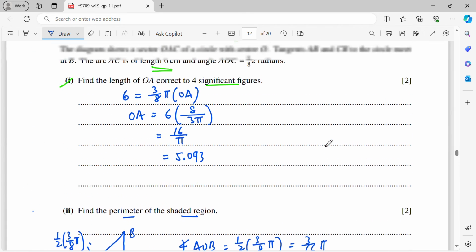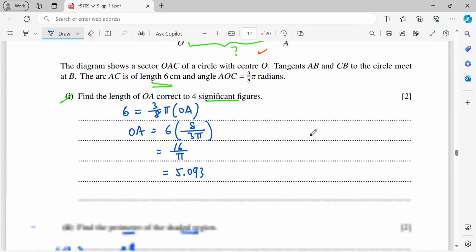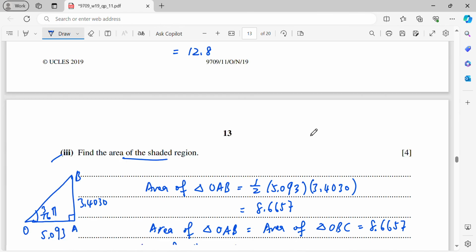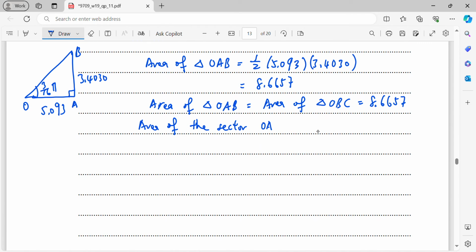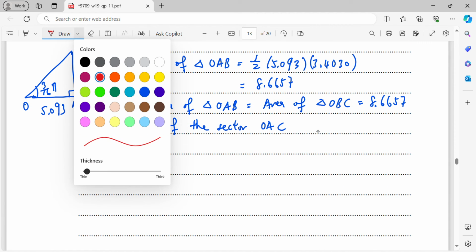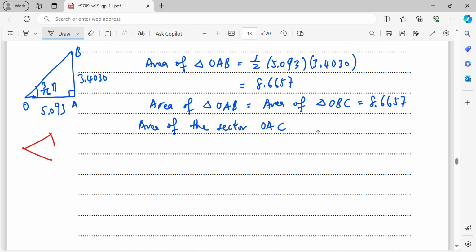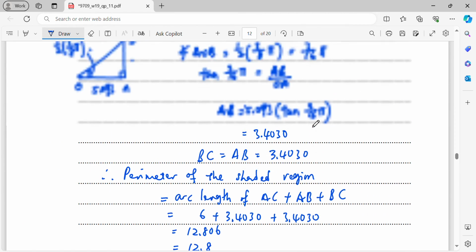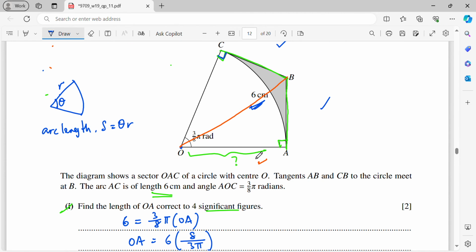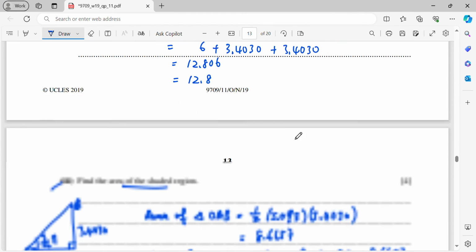Okay, so now I find the area of the sector. The sector is OAC. Now for your information, if this is a sector, here's the R, this is theta, the area is half R squared theta. So now here, I will write this is half, R is 6, because the OA is the radius. Then the angle is 3 over 8 pi.